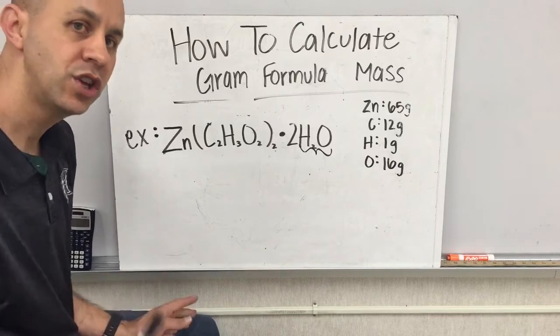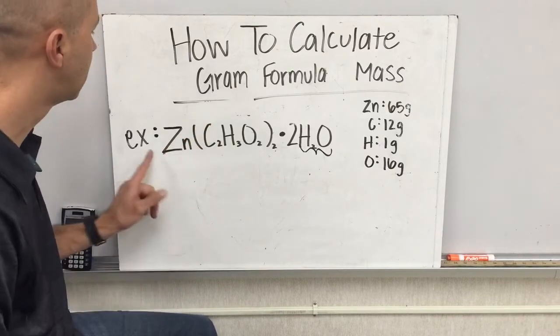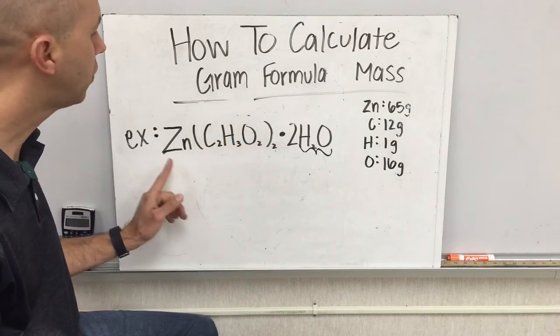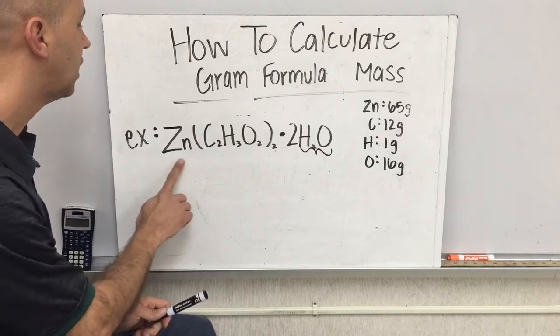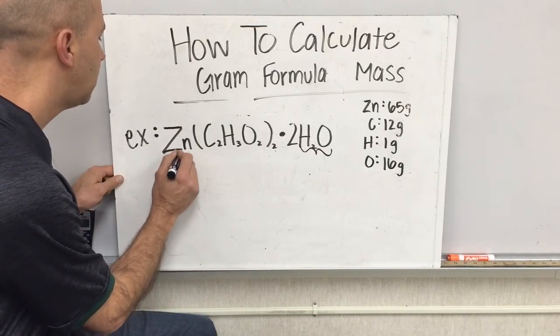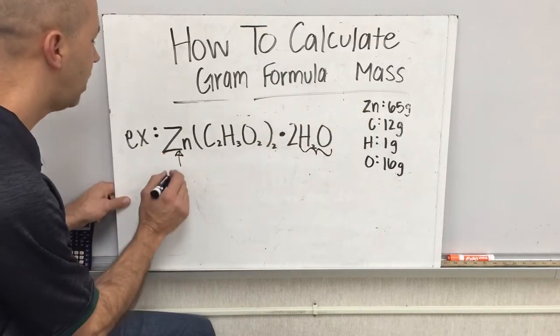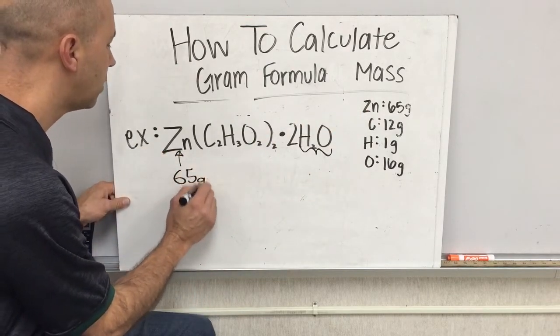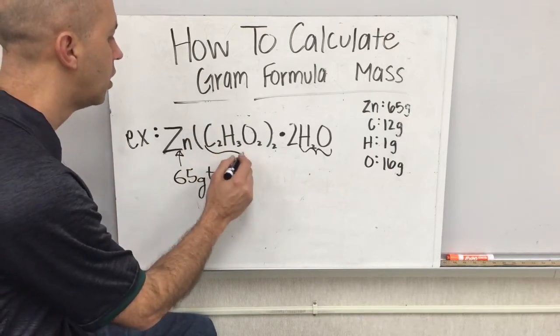All right, so once you've got that, the first thing you want to do is use this formula and multiply the ratio by these numbers. So what I mean is, let's look. I have 1 zinc here, so I'm going to add this. I'm going to use the periodic table, find the mass of zinc, and write it right over here. I've got 65 grams for zinc, plus this whole thing.